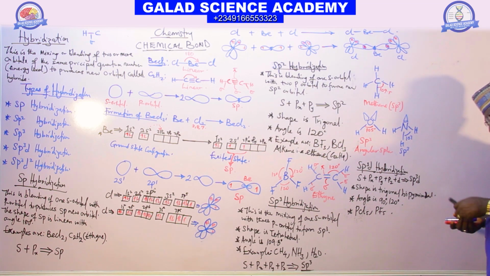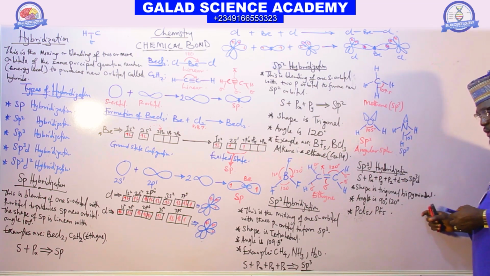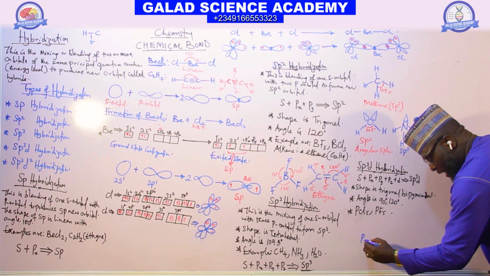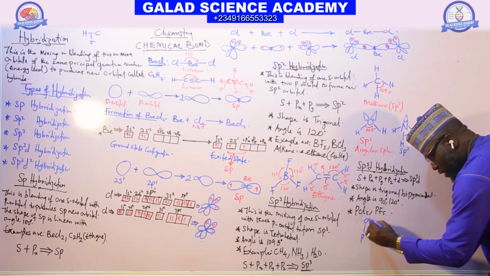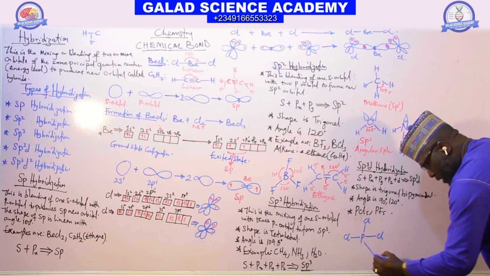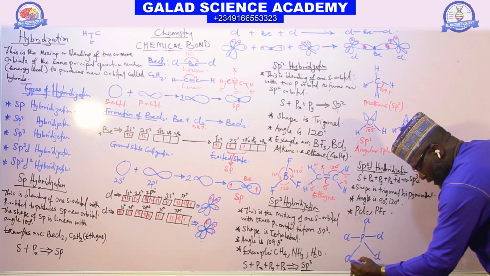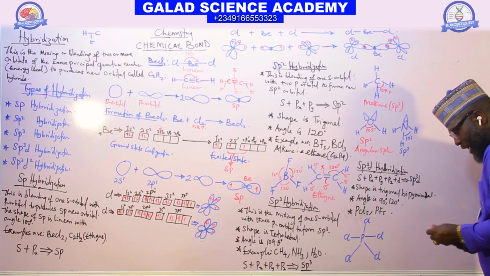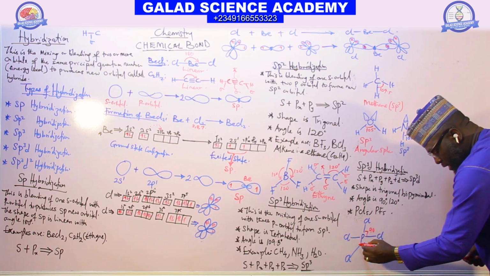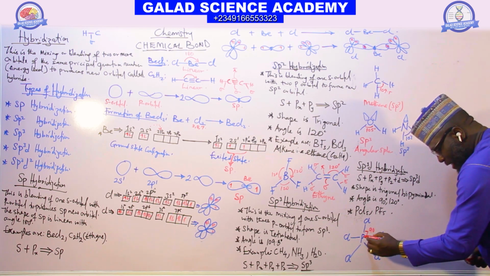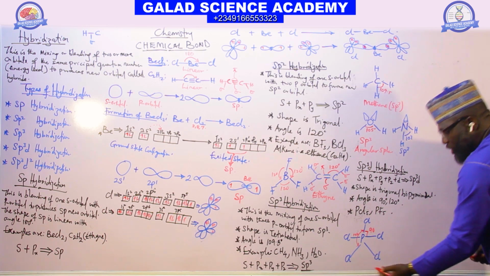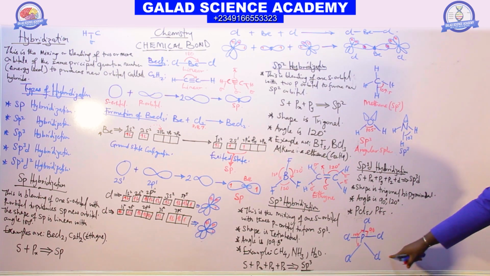We have done their shape in the first part of the theory. We have phosphorus here and chlorine atoms around it. The angle here is 90, but the angle between this side is 120 degrees. This is the trigonal bipyramidal shape.